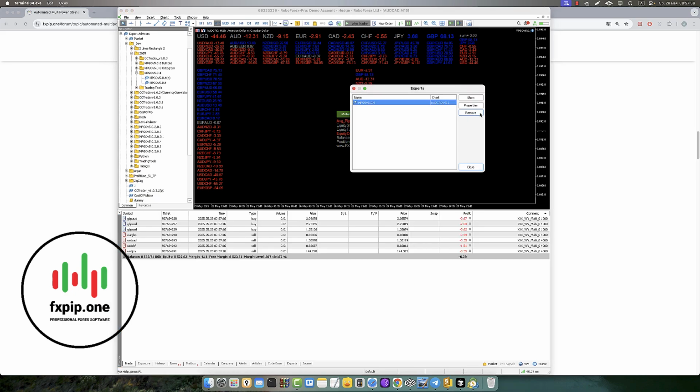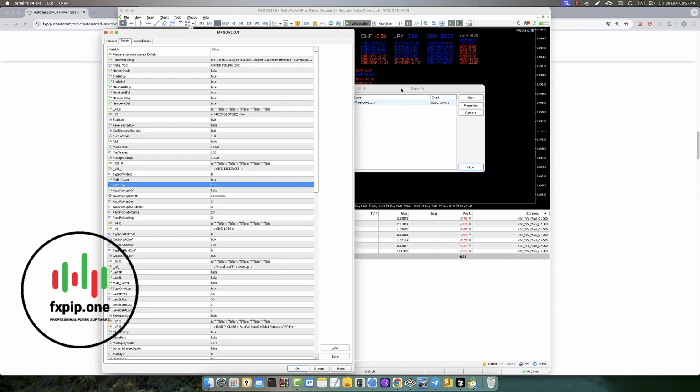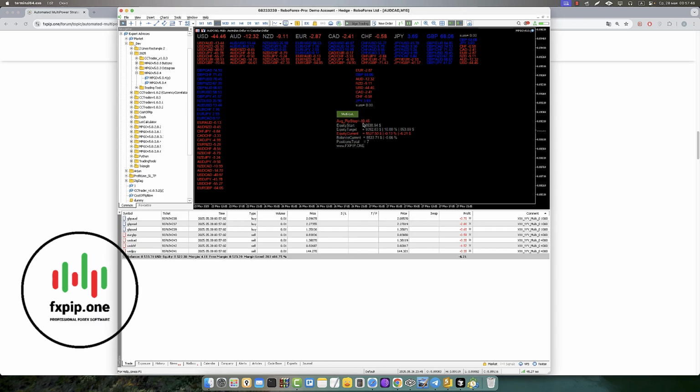How to set this up? You just set up Pipstep 20 and multi-power true. If this value is in minus, it will go -20 pips, see, at night it's really dangerous because the spread is high.